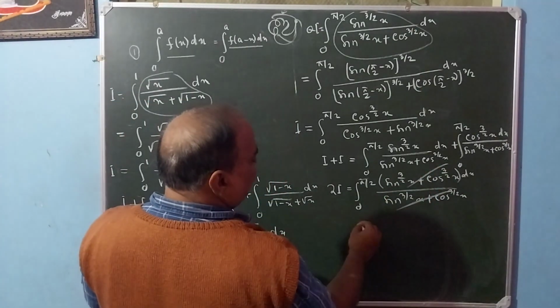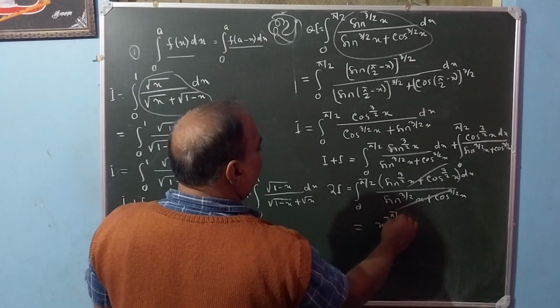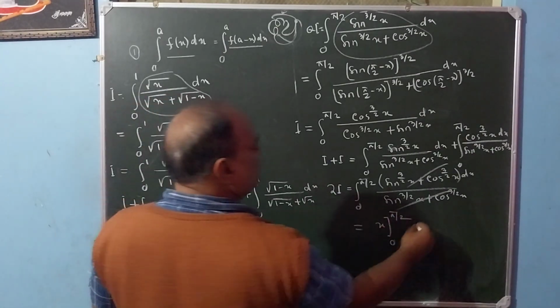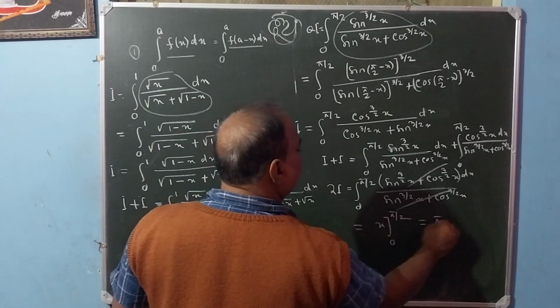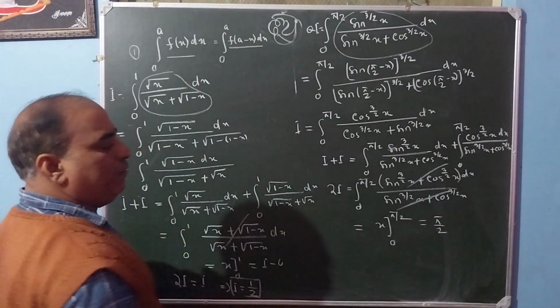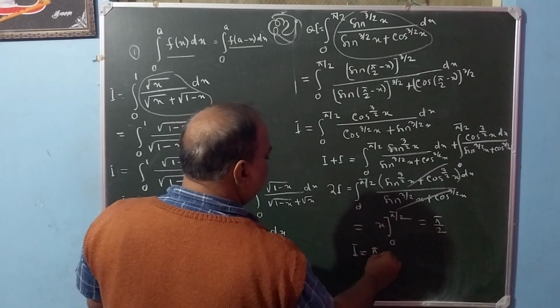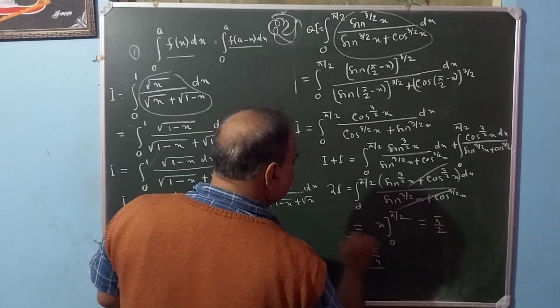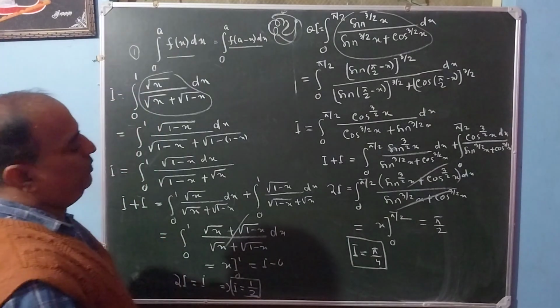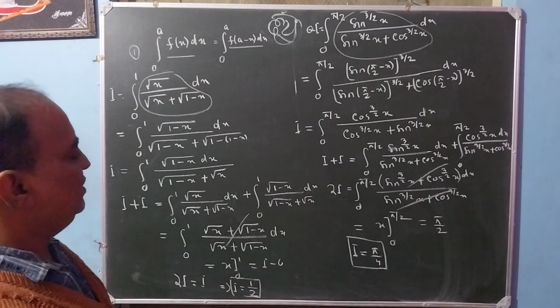So integration of dx is x evaluated from 0 to pi by 2. So the result is pi by 2. Okay, 2I is equal to pi by 2, so I becomes pi by 4. I is equal to pi by 4. So this is the answer of this question.